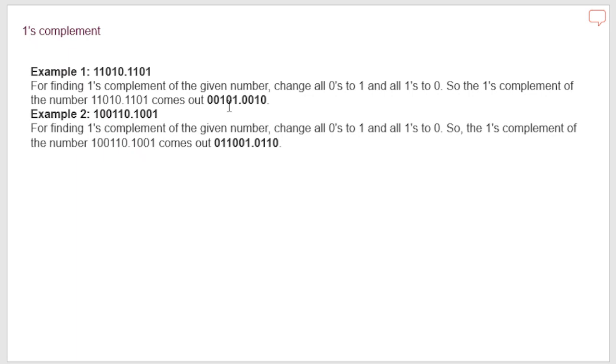For example, the 1's complement of the binary number 1 0 1 1 0 0 1: we will invert it.